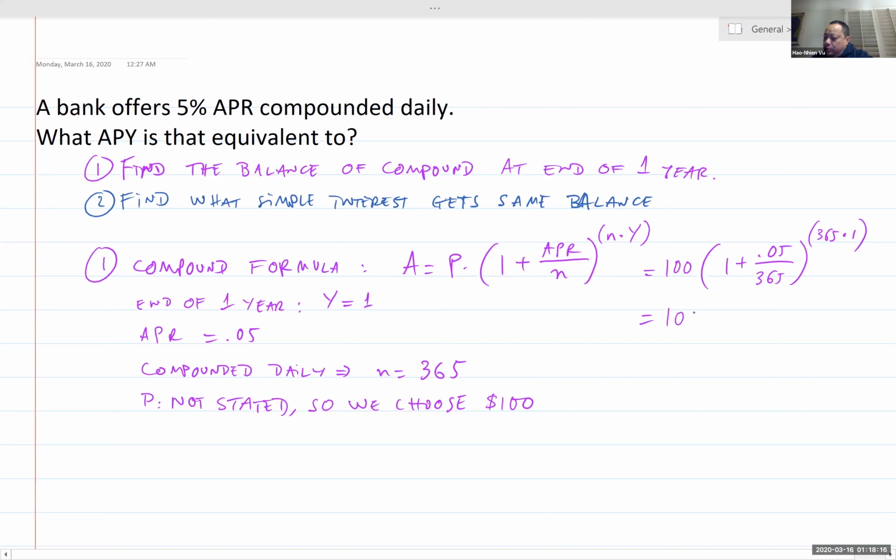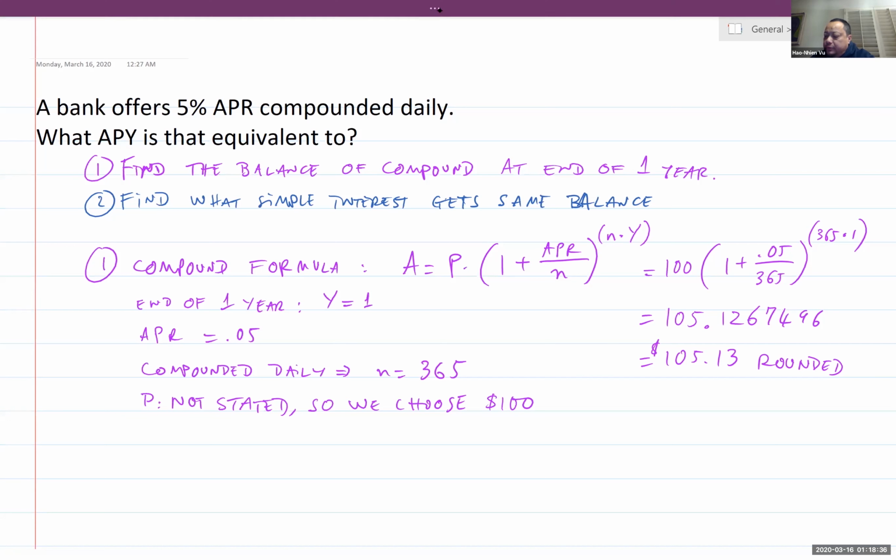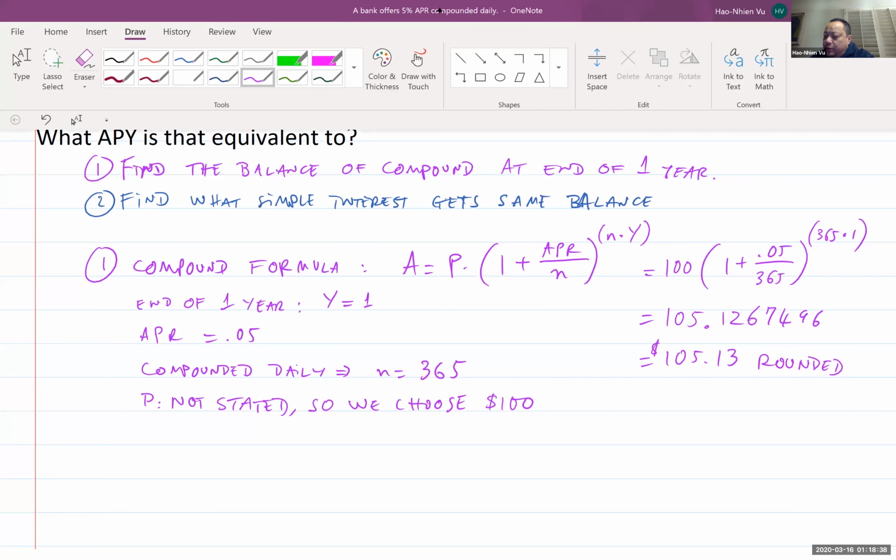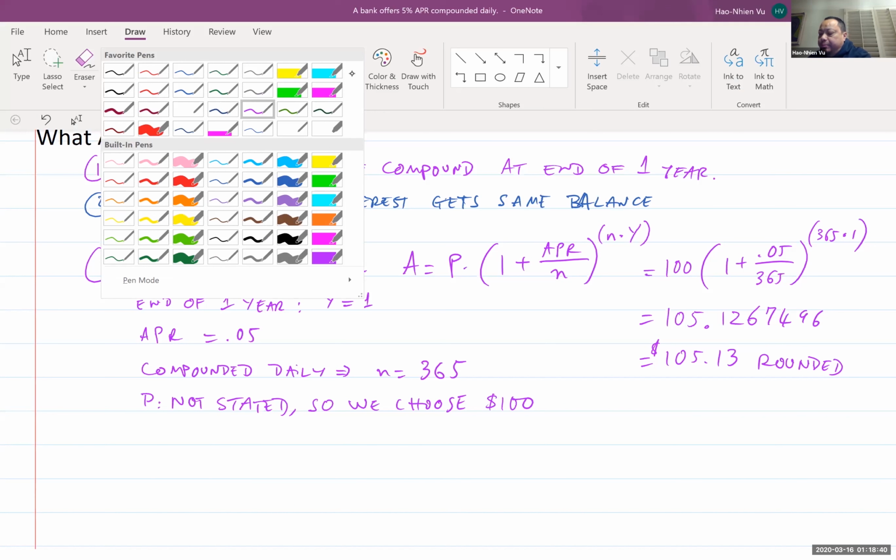So I get 105.1267496, which I round to 105.13. And that is the balance at the end of the year in the compound interest account. So the question now is, what kind of simple interest would get me the same answer?